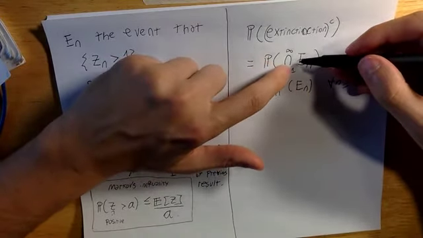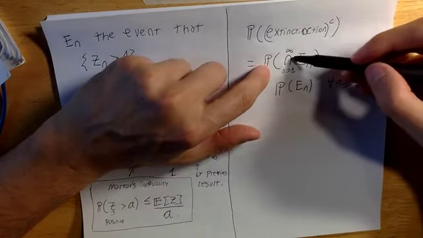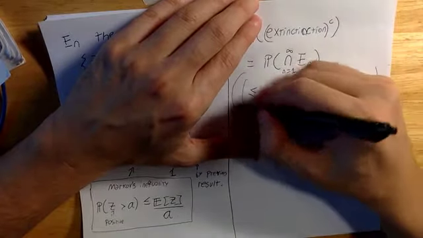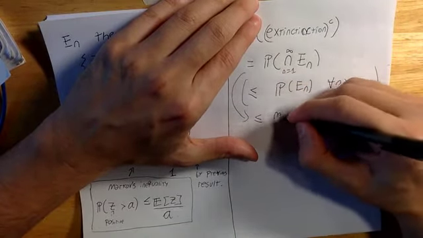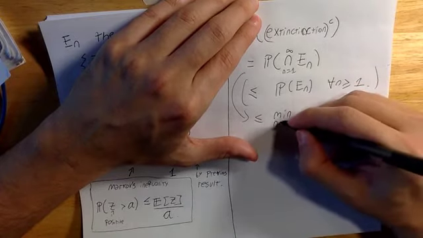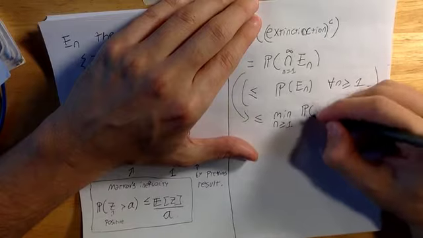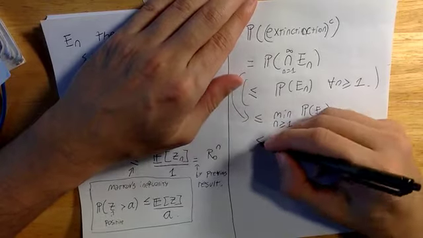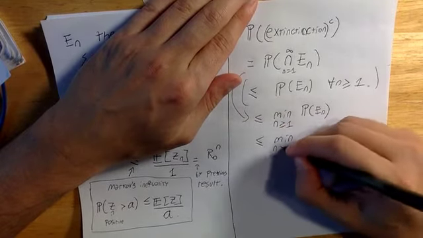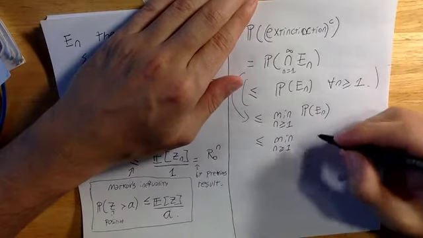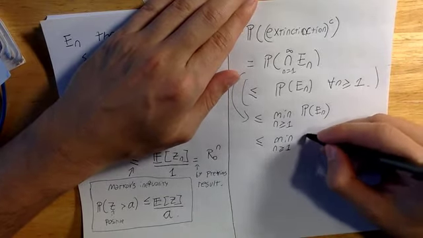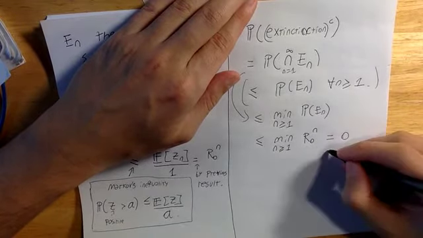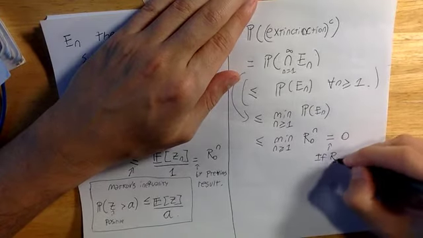So the probability of the whole intersection is less or equal than this for every n, which implies it is less or equal than the minimum over n bigger or equal than 1 of the probability of En, which is less or equal than the minimum over n bigger or equal than 1 of R0 to the n. But this is equal to 0 if R0 is less than 1.